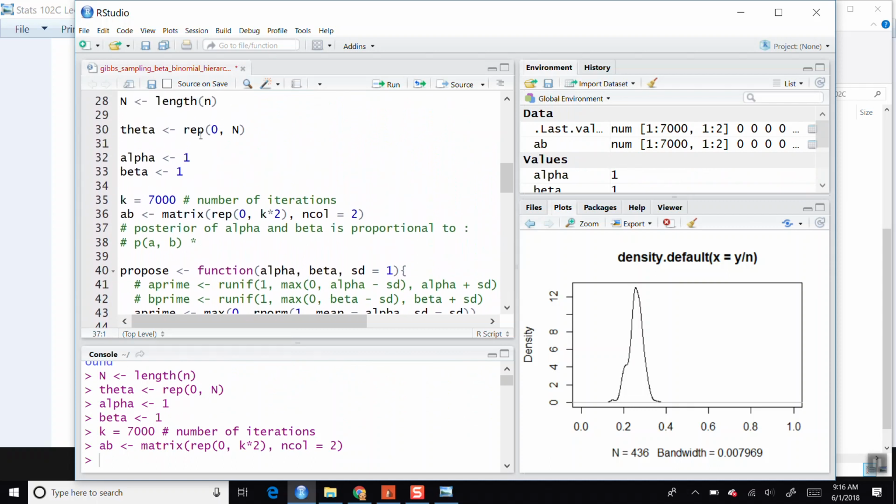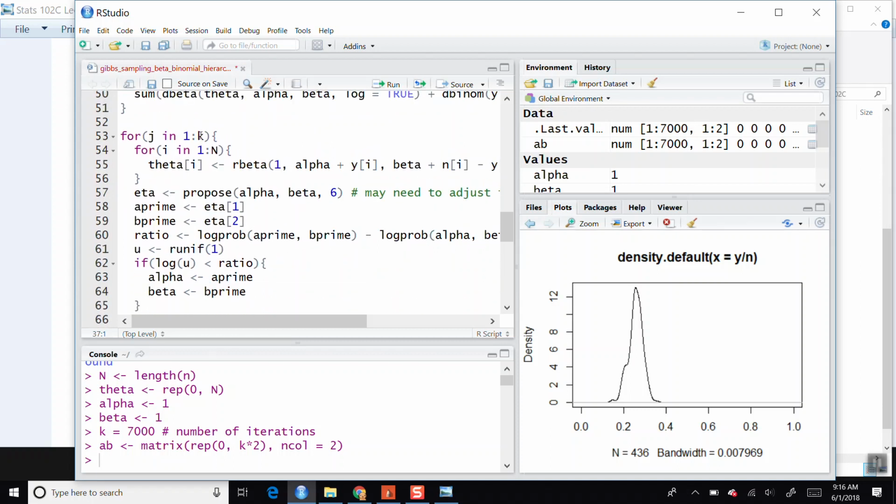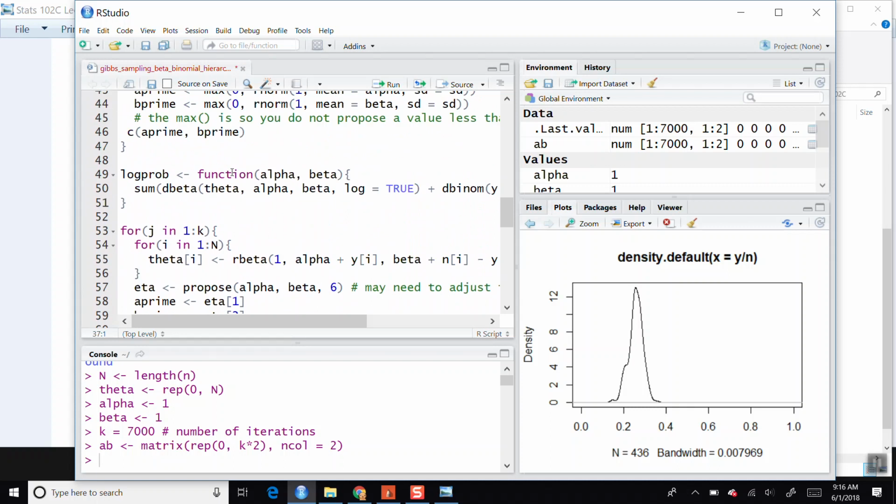When we do our sampler for theta, we can derive the full conditional distribution. It's not very hard because we understand the Bayesian posterior distribution.